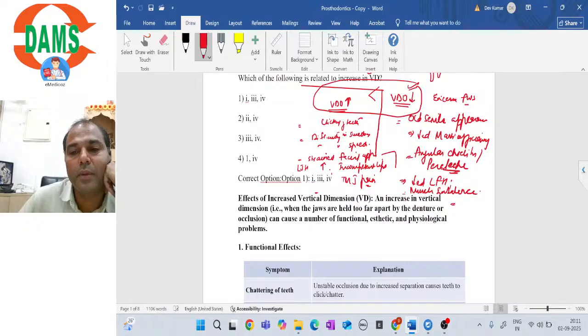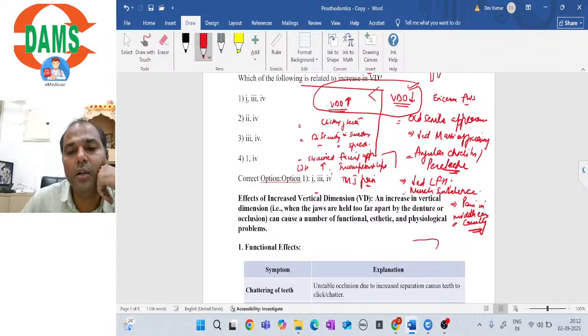Then last is your pain in the middle ear cavity. Now the pain in the middle ear cavity, it may be because of the overclosure.